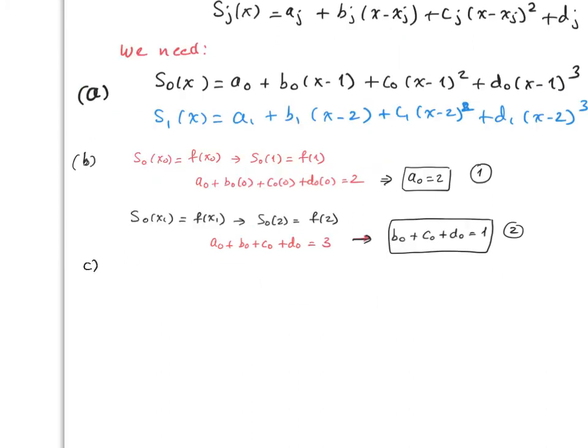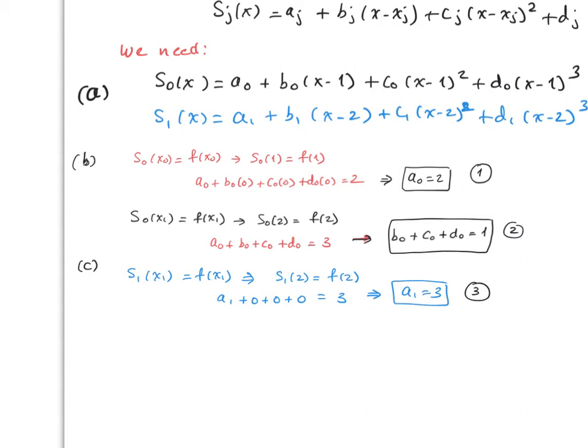Right, now for part C, remember part C is going to make sure that the endpoints of the different polynomials match. So therefore for this one, we need s1 of x1 to be equal to f of x1, or s1 of 2 should equal f of 2. Again, this one is easy to solve, so this will be a1 plus 0 plus 0, and this should equal 3. So from here we got that a1 is equal to 3. And this is now going to be equation number 3.